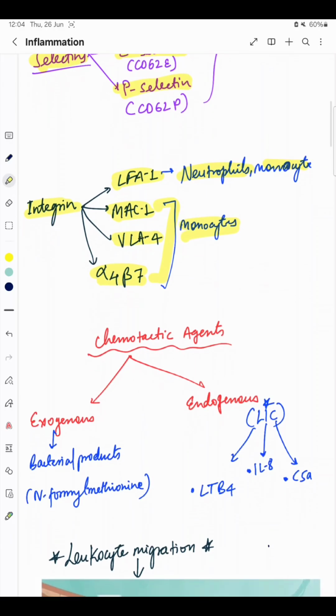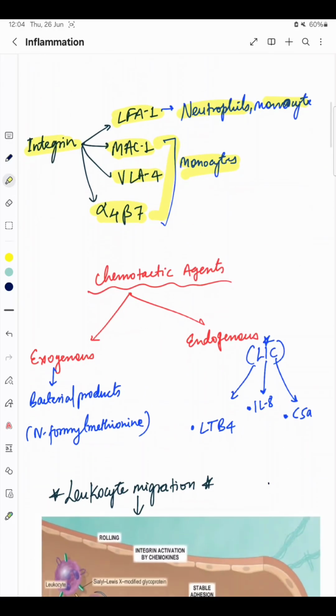As we have seen, when cells or microbes present at the site of injury attract the leukocyte in the interstitium, this process is known as chemotaxis, and there are some chemotactic agents, which could be exogenous or endogenous.